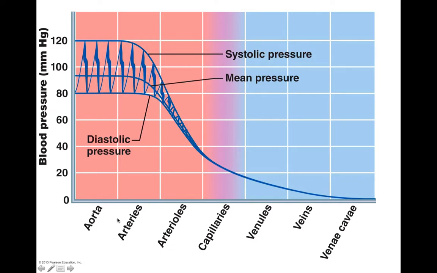But since we measure blood pressure at arteries, we do need to take both of those different measurements into account. You can see how different they are. And then the farther you move away from the heart, blood pressure decreases quite a lot. And by the time you end up in the vena cava, before you head back into the right atrium, you're almost at 0.